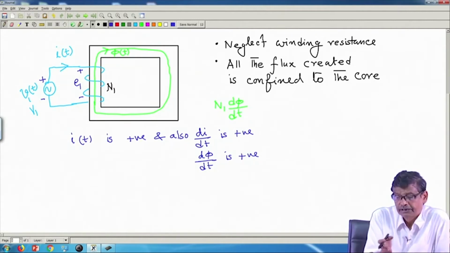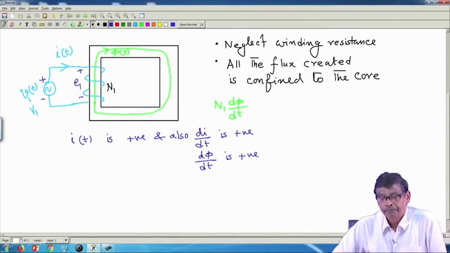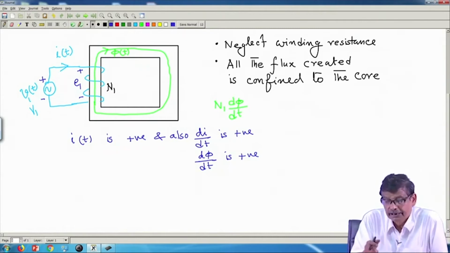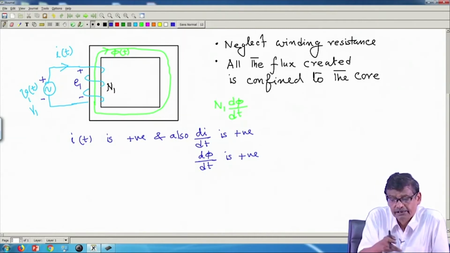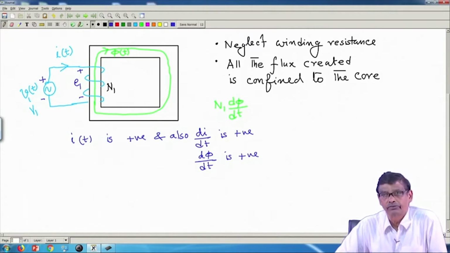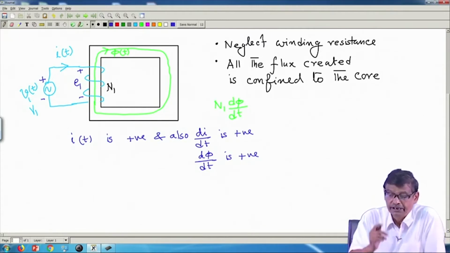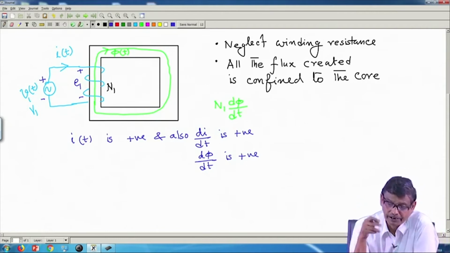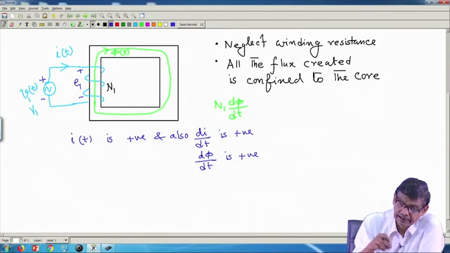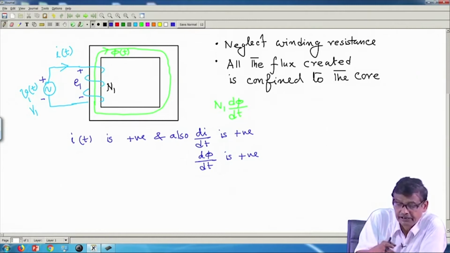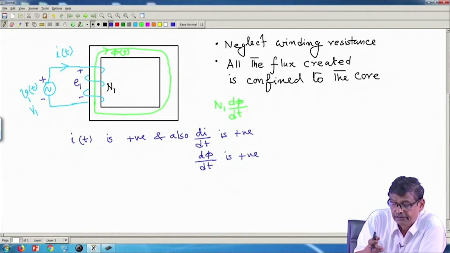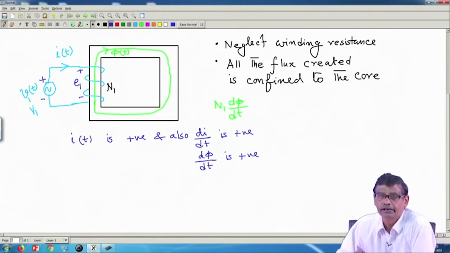Therefore, applied voltage and induced voltage, and as I told you, it is a magnetic circuit, the only thing is the coil is excited by a voltage source, an AC voltage source. Now, in this case what happens? The second argument was that the current is expected to vary sinusoidally, therefore flux will also vary sinusoidally, d phi dt will also be sinusoidal, it will be changing.